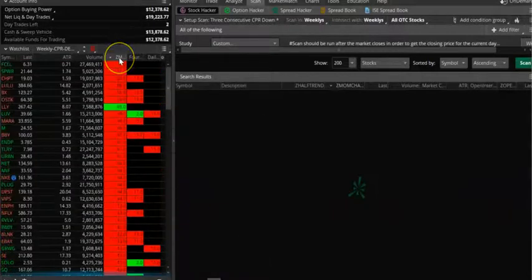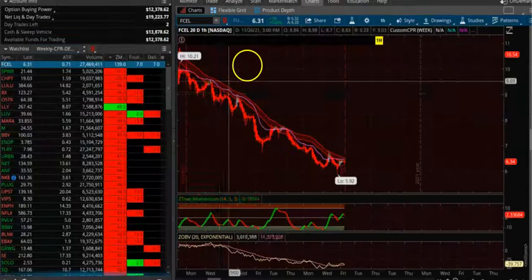So I want to sort by downtrending. What it means is 139 candles are downtrending. FECL is downtrending, but the stock price is only $6. But let's look at charts.